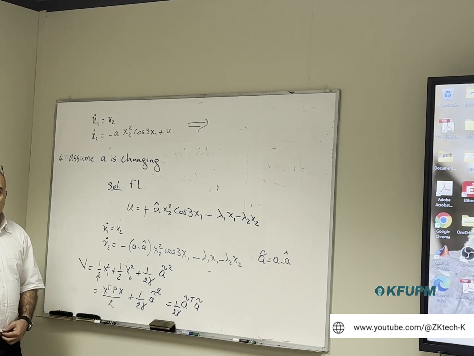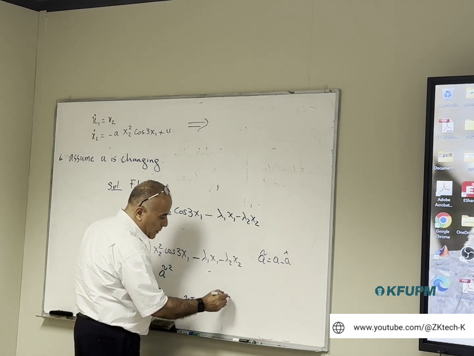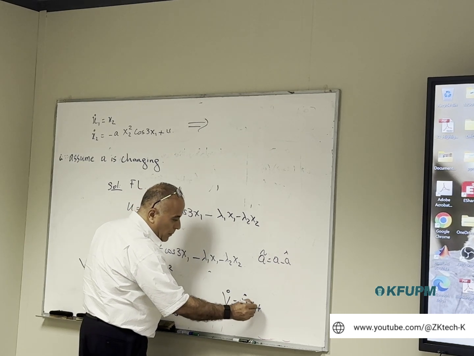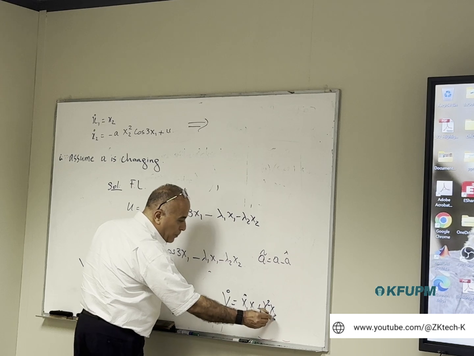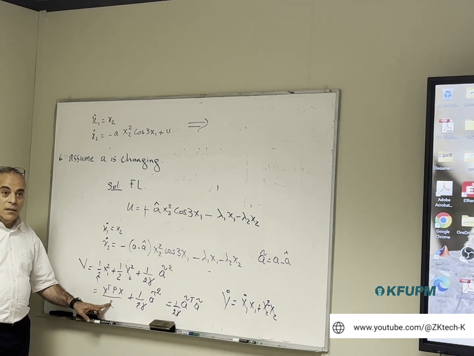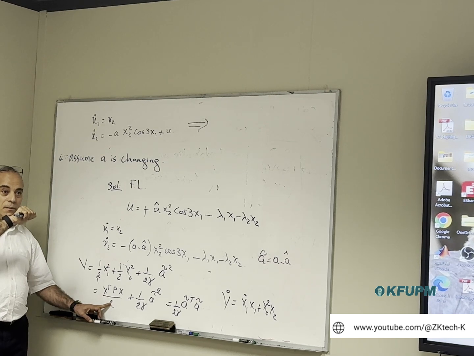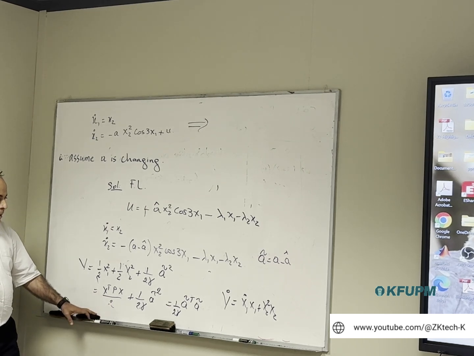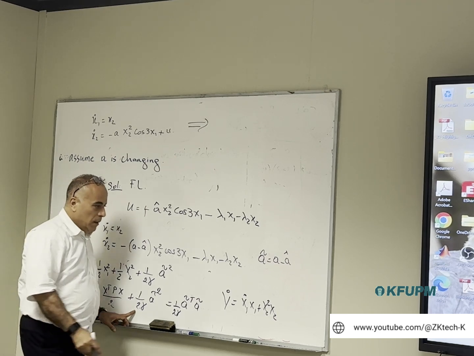Next, the derivative. V prime is equal to x1 prime x1 plus x2 prime x2. I'm going to take P equal to the identity matrix. If P is not the identity matrix, then you are going to find the stability condition, which is A transpose P plus PA is equal to minus Q. This is not squared.